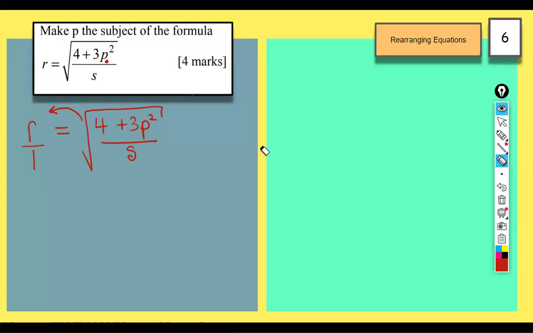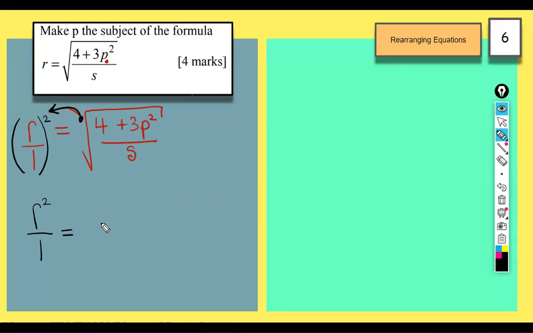When you throw across the square root, both things here are going to get what? Squared. Both of them at the same time. So the R gets squared, so R squared is just R squared. 1 squared is still 1, right? Number 1 squared is still 1. So you can just leave it as 1.